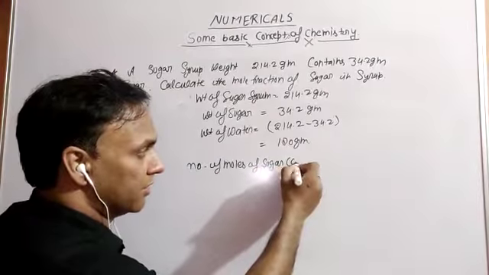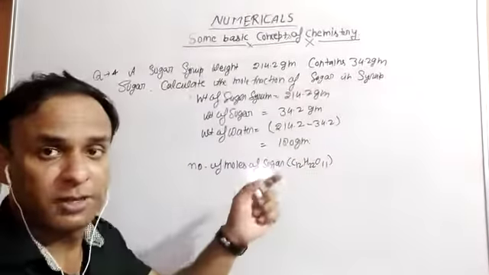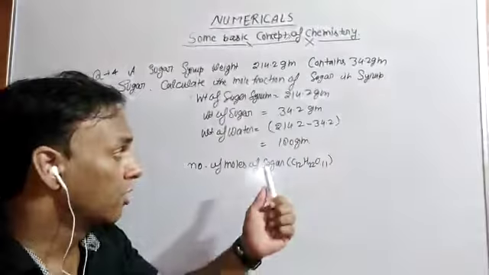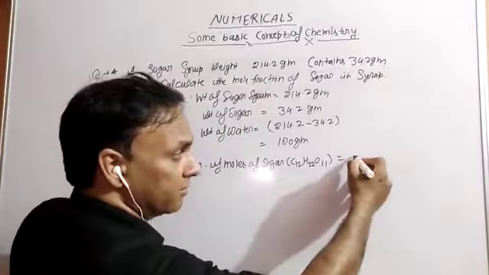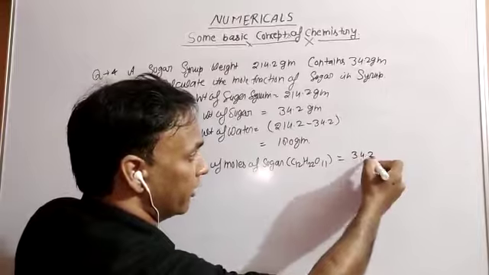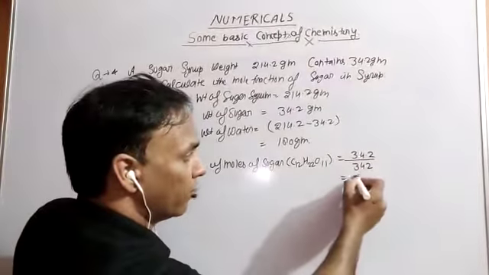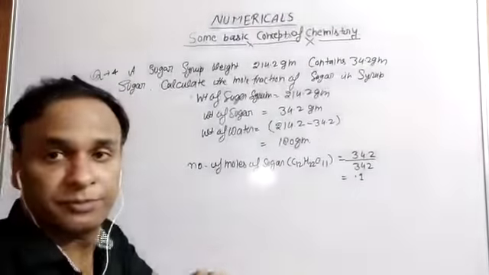Sugar means C12H22O11. The atomic mass of carbon is 12, hydrogen 1 and oxygen 16. Number of moles means given mass 34.2 upon 342, that is 0.1. 0.1 is the number of moles of sugar.